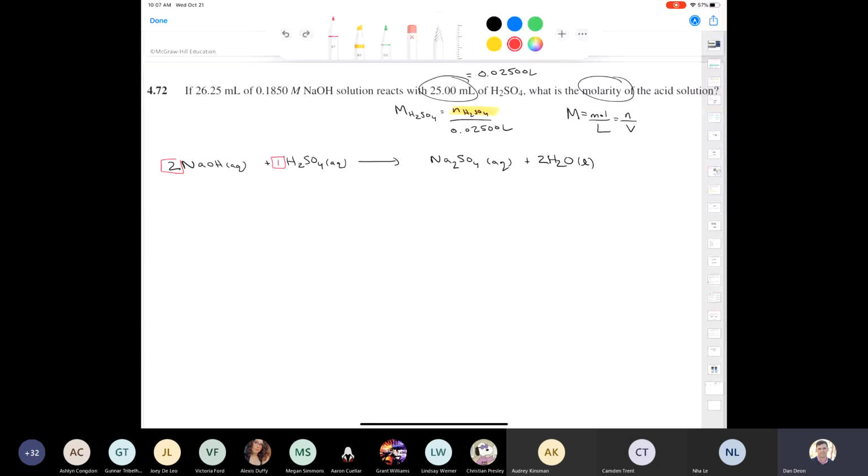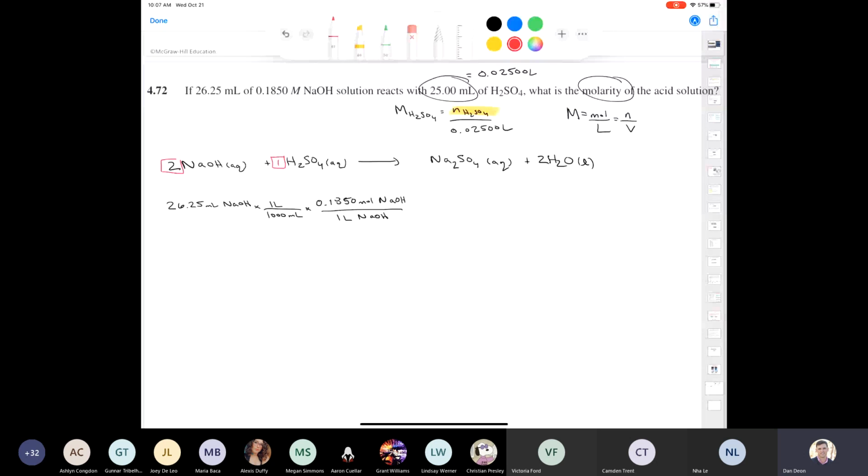Because we're starting with 26.25 mL of sodium hydroxide. We know that there are 1,000 milliliters in 1 liter. We know the concentration of our sodium hydroxide, which is 0.1850 moles of sodium hydroxide in 1 liter of sodium hydroxide.